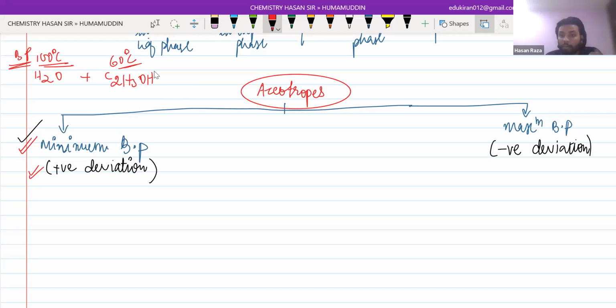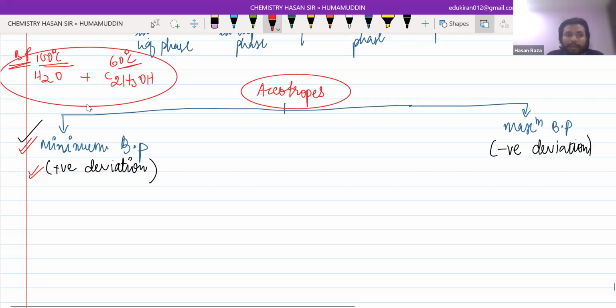Now the boiling point of the solution when you mix it, will decrease lower than both. This is your 100 degree centigrade, this is your 60 degree centigrade, so it decreases lower than both. Are you getting my point?